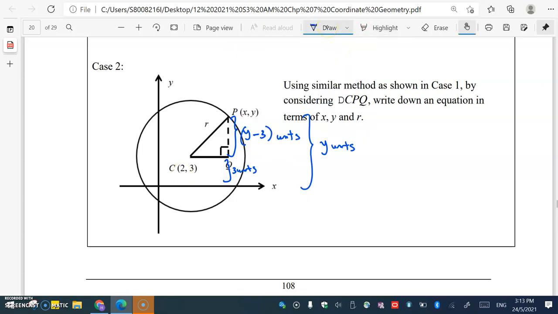Now, if I look at the length of CQ, I know this entire length is X units. And I know this bit here is already 2 units away from the vertical axis. So essentially, what is your CQ?